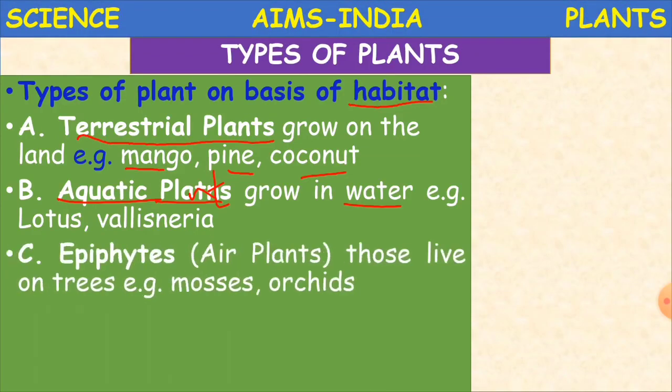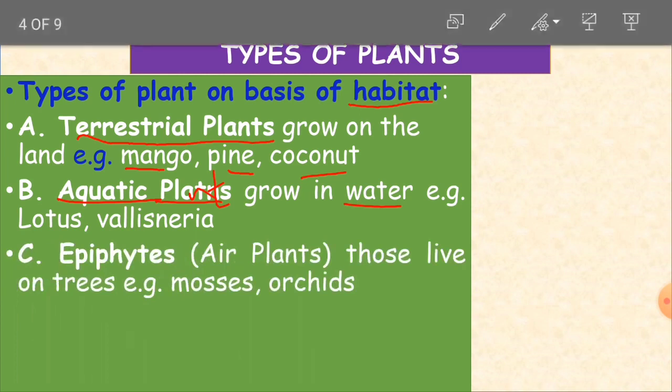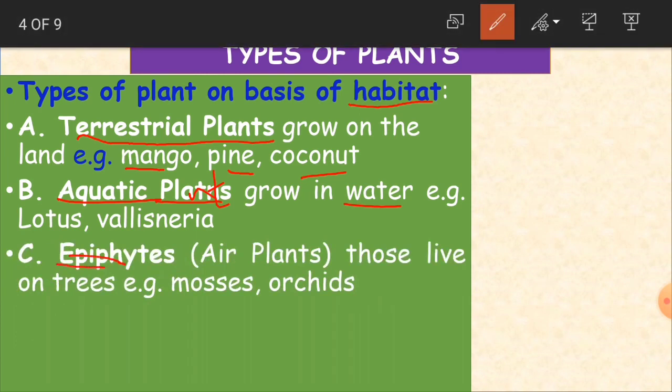And the other one is air plants, epiphytes. We call them epiphytes. What are they, children? They are air plants. Why do we call them air plants? Because they live in air, in the sense they live on trees. They do not live on the soil or in the water.